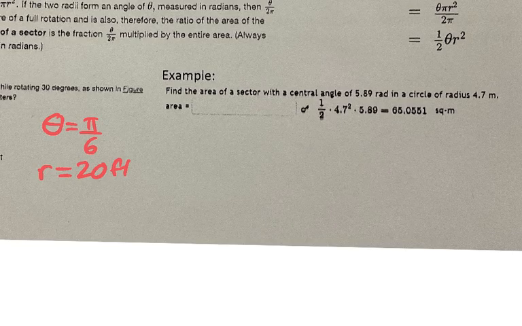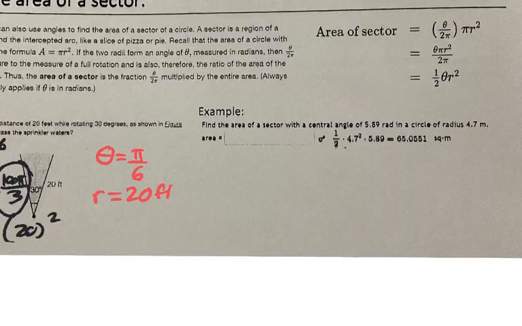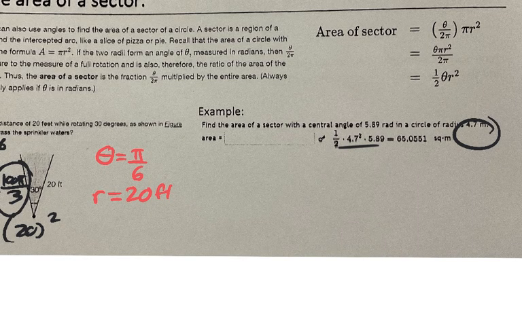Look at this one. Find the area of a sector with a central angle of 5.89 radians in a circle with a radius of 4.7 meters. So theta over 2 pi times r squared. Do I know theta?